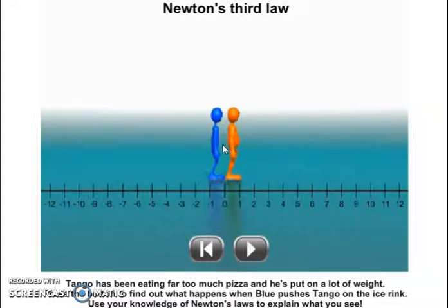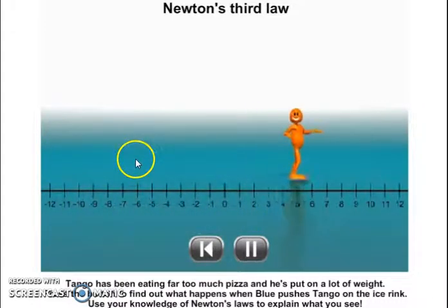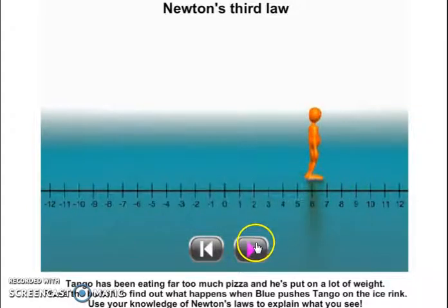But if we were to use Newton's second law, F equals ma, for the same amount of force, if you have a larger mass, what do you think will happen? Which one will accelerate more? Let's check it out. Yeah, brother Blue will accelerate much more than brother Red. That's because Red has got a larger mass, and since a equals F over m, m is in the denominator, so the acceleration for brother Red would be less.